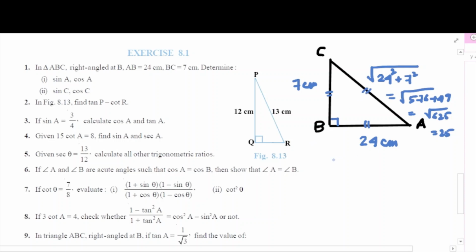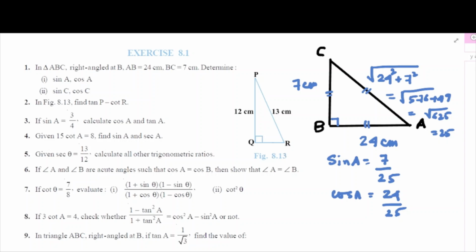Now from here, if I want to find the value of sine A, the value of sine A is equals to perpendicular by hypotenuse. So here it would be equals to 7 by 25. The value of cos A equals to base by hypotenuse. So it will become 24 by 25. Now in the next question again we have to find out the value of sine C and cos C. So sine C, according to this particular angle C, perpendicular is this AB.